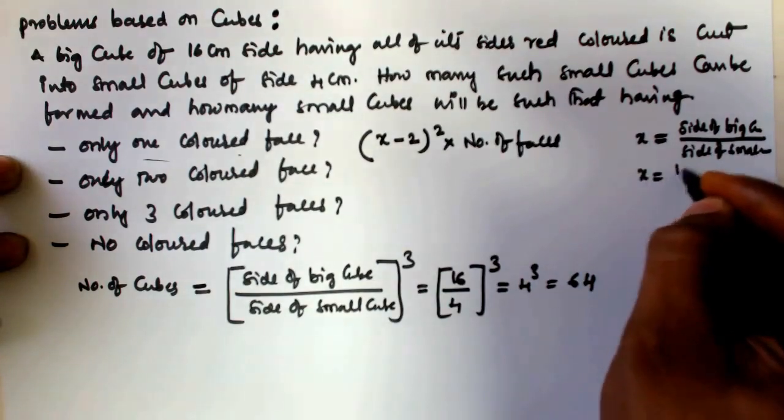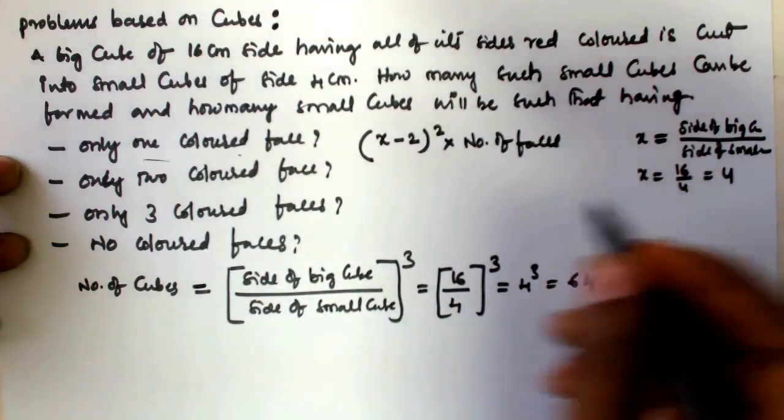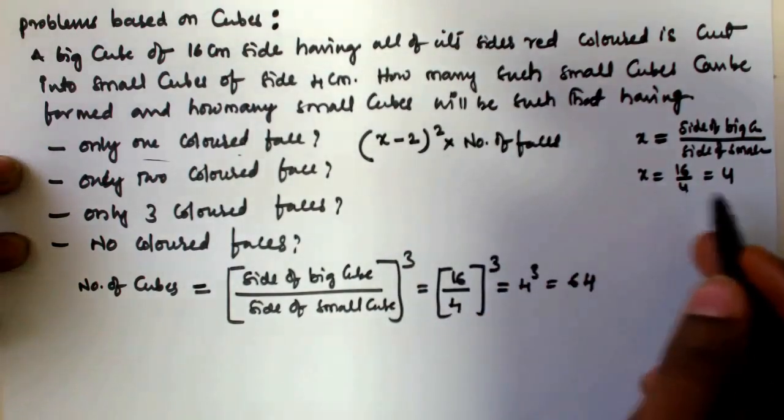So x value is 16 by 4, which is equal to 4.